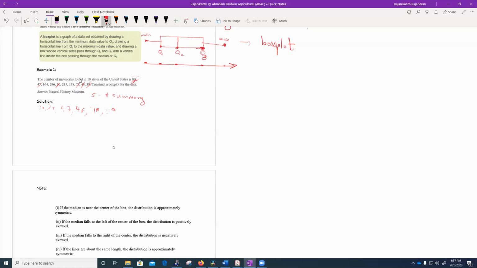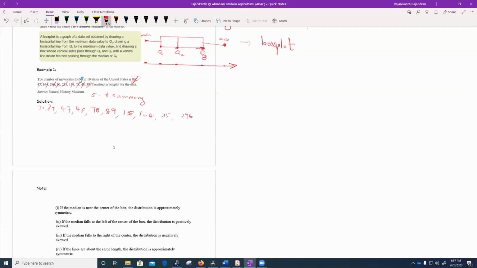Then the next smallest one is 138, then 164, 215, and the last one is 296. So I need to have 10 data values, right? 1, 2, 3, 4, 5, 6, 7, 8, 9, 10. Okay, I have rearranged all the data values.